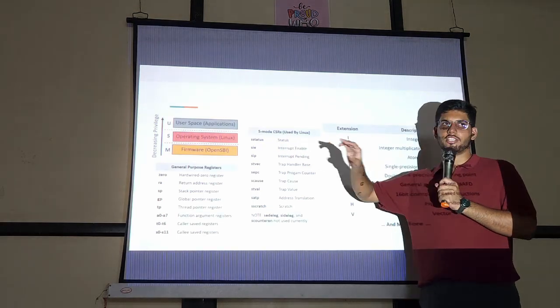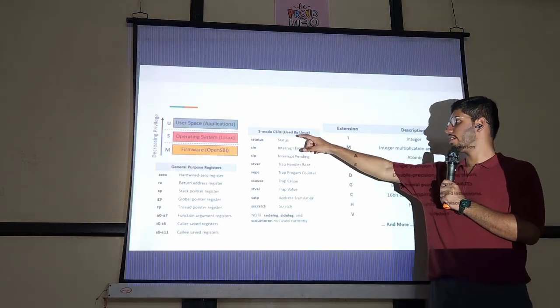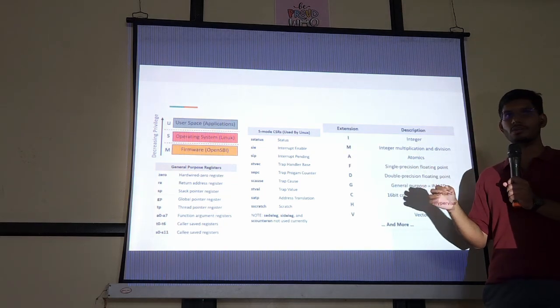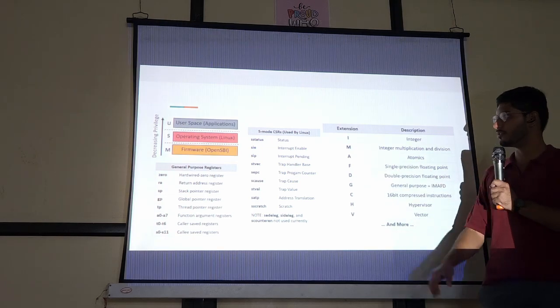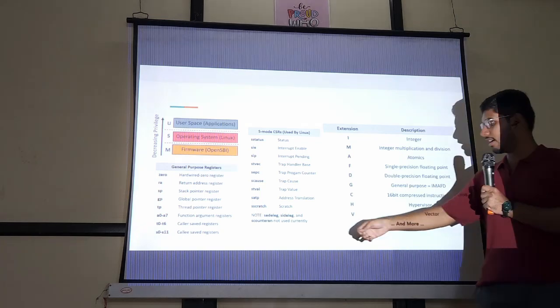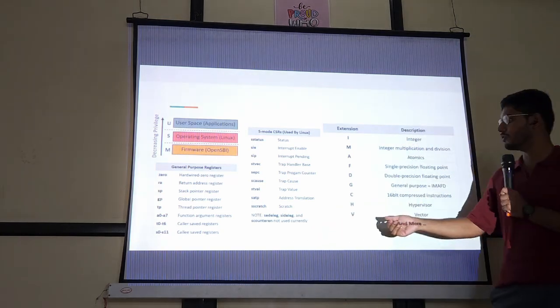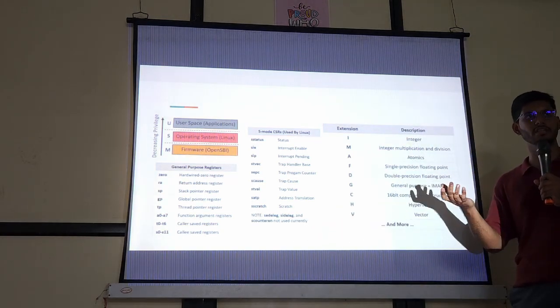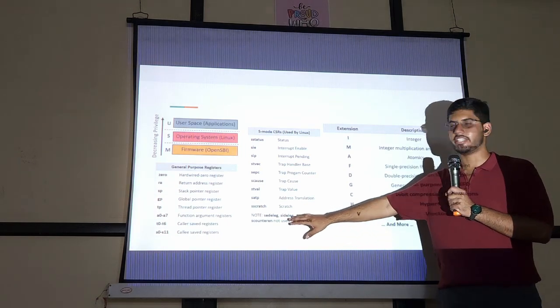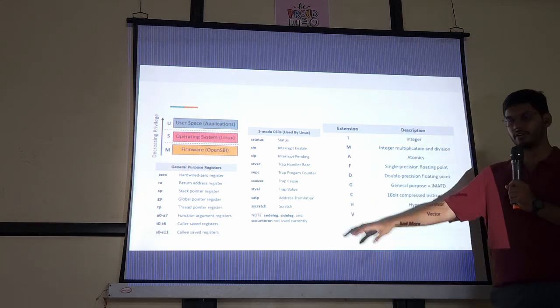Then these are the S mode registers, S mode being supervisor mode. These are the control and status registers used by the Linux kernel itself to work on the RISC-V core. Then there are a few registers which are not currently used because the support is still being added. I also need to look for the current status of these supports.